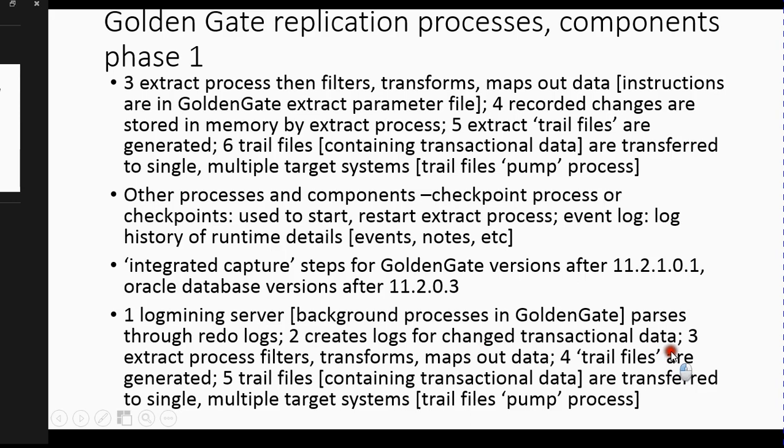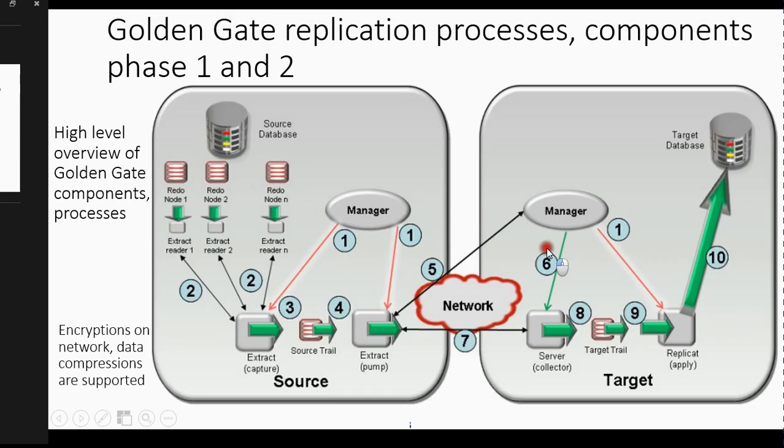After that, the trail files are generated. So in integrated capture mode, you just have a log mining server. The extract process is still doing the filtering, you still have a trail file, and you still have the pump process.